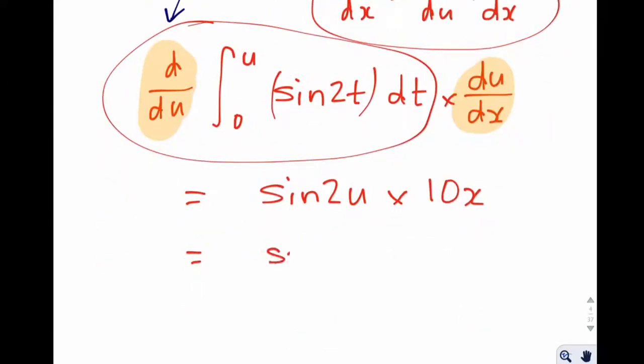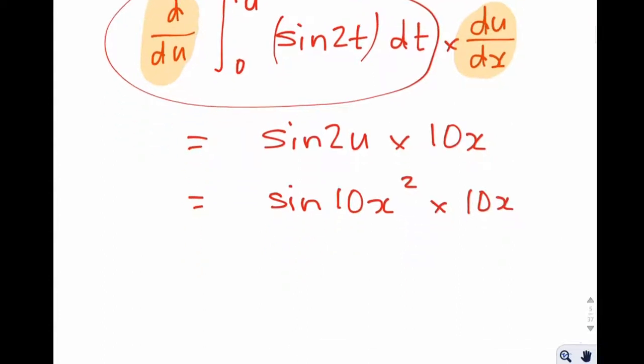So I've got sine 2 times u, so sine 10x squared times 10x, and I can tidy that up and say that that's 10x sine 10x squared. Beautiful.